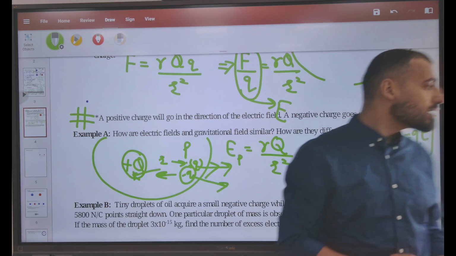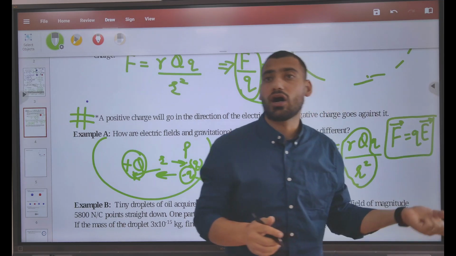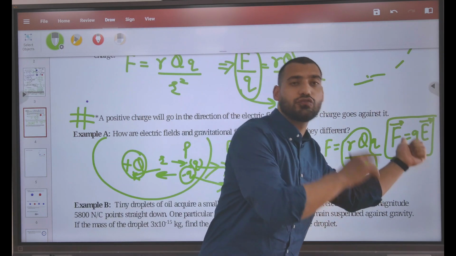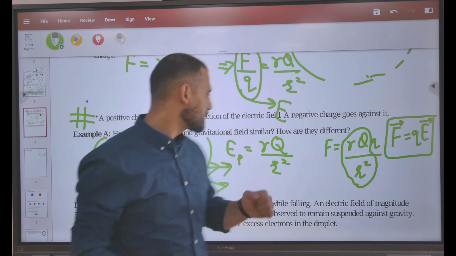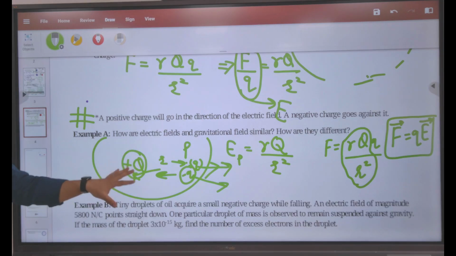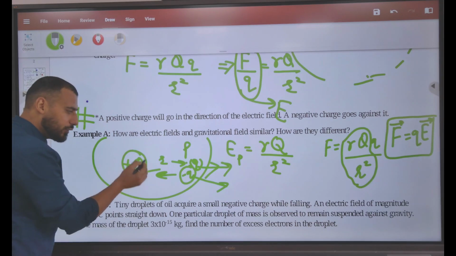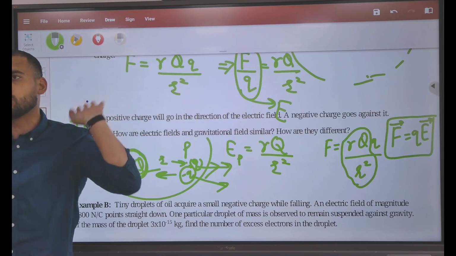So it means when the charge is negative, the force is applied against electric field. When the charge is positive, force is applied along electric field, isn't it? See, try to understand it from the diagram. When this charge is positive, electric field due to this is always away. For a positive charge, electric field is away. That is what you wrote. Fine?